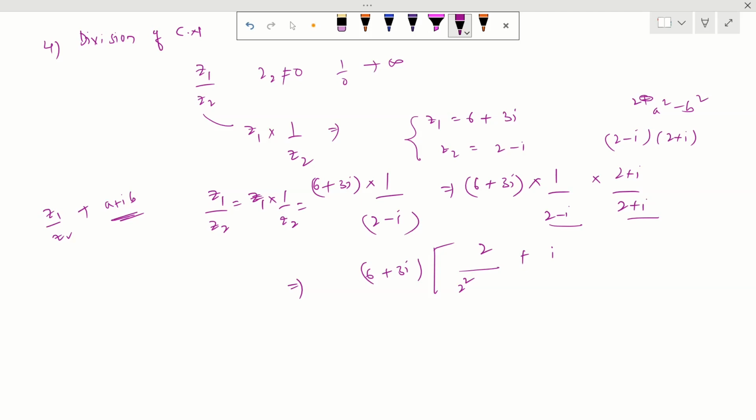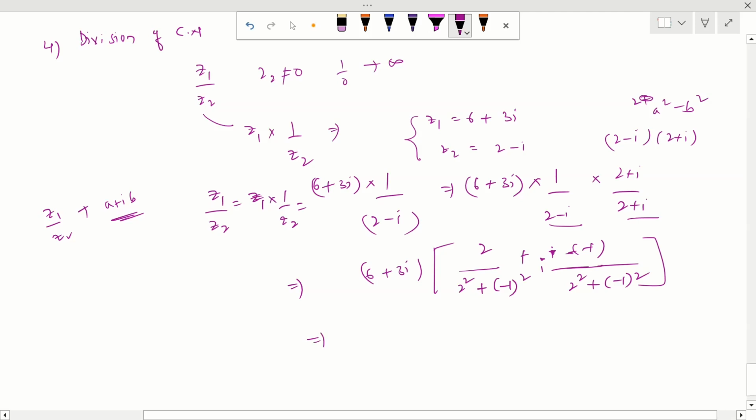So here it is 2 square minus b square. I will take plus here, then it will be minus 1 square, so minus of minus 1, and the denominator is 2 square plus 1 square.